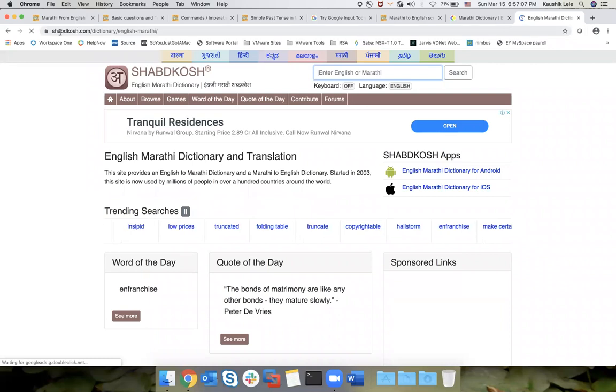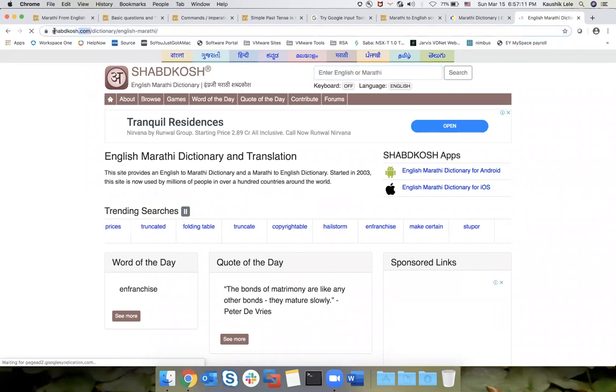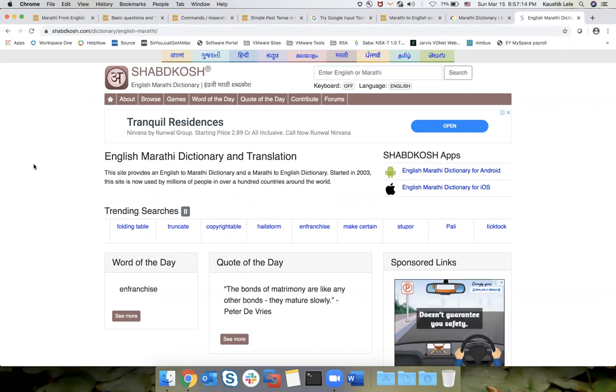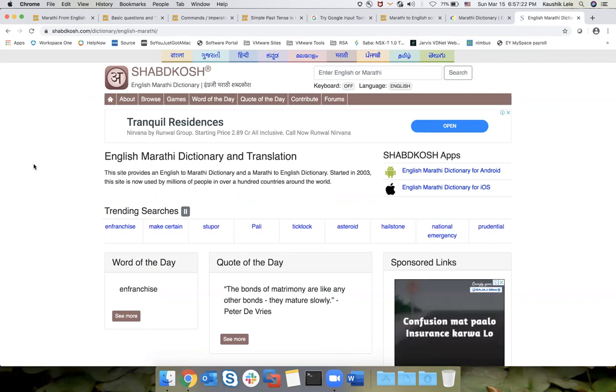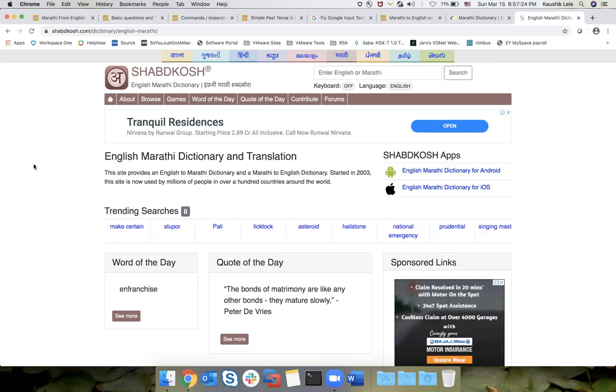This is another website, shabdakosh.com. And you can try Google Translate, but don't rely too much on it because it's still not mature for Indian languages. Sometimes it gives very misleading results, but you can just try and take a hint.